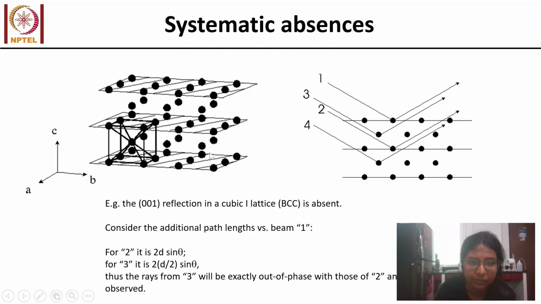We have atoms at the centers too, and these atoms are also forming a plane. We are visualizing it in 3D, but for simplicity we are representing it as 2D.